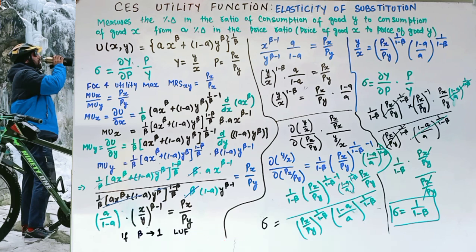If beta approaches 0, we will get the Cobb-Douglas utility function. And if beta approaches negative infinity, we will get the Leontief utility function, that is the perfect complement utility function.